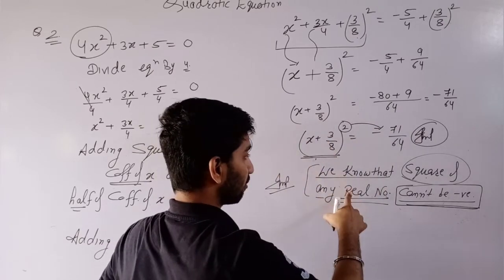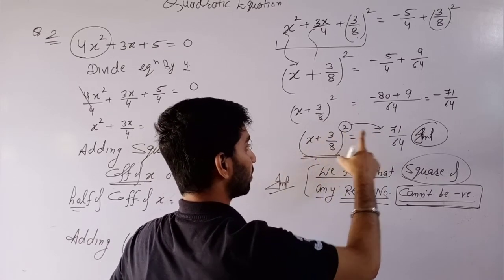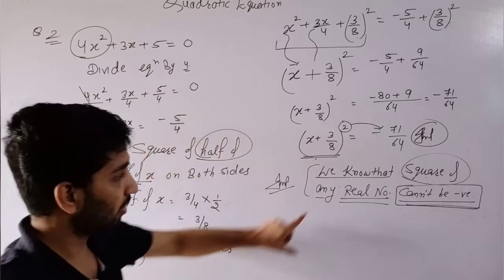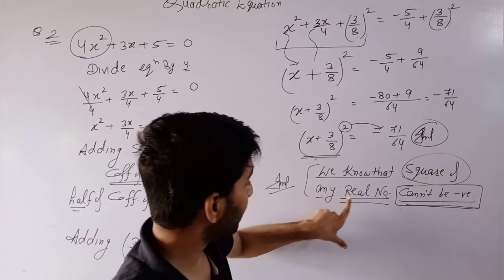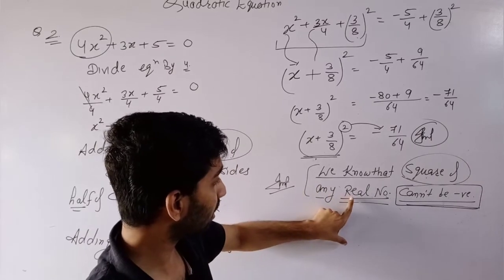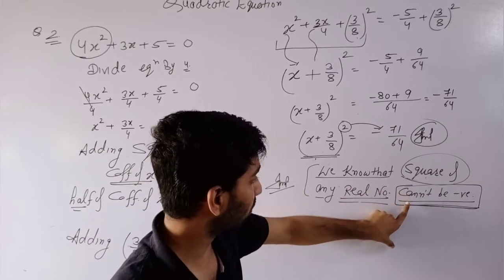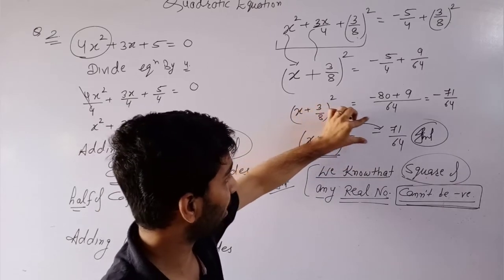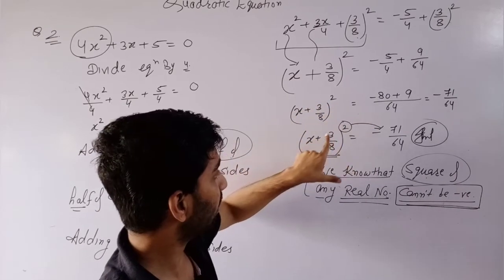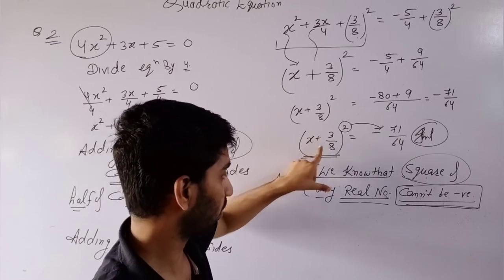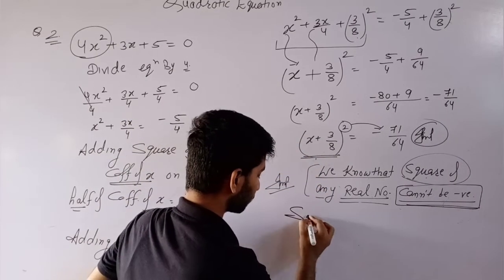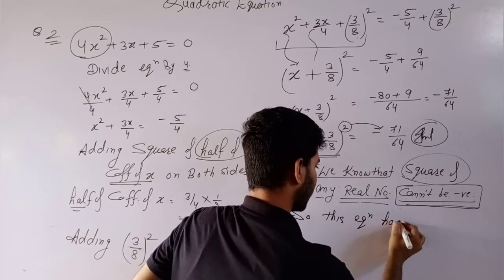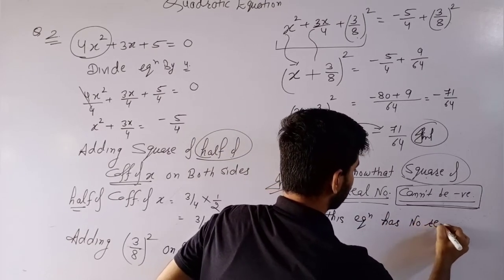We know that the square of any real number is always positive, not negative. यहाँ पर जो स्क्वायर कर रहे हैं वो नेगेटिव आ रहा है, it means it is not a real number. So this equation has no real root.